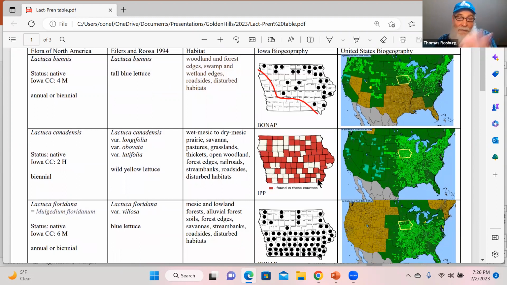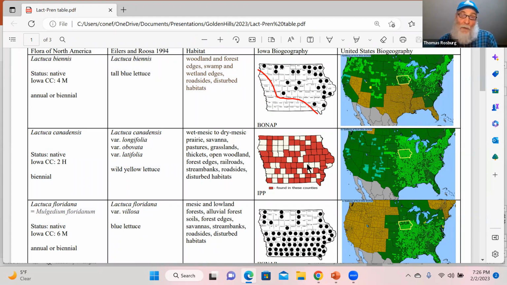Now, the Lactuca canadensis obviously is a species that is statewide. It grows all across the state. Biennis, I put this red line in here to show that it looks to me like this is a species that does not occur down through here. Now, you have to realize that when we see a map like this with a few counties that aren't red, it doesn't necessarily mean that the species doesn't grow there.